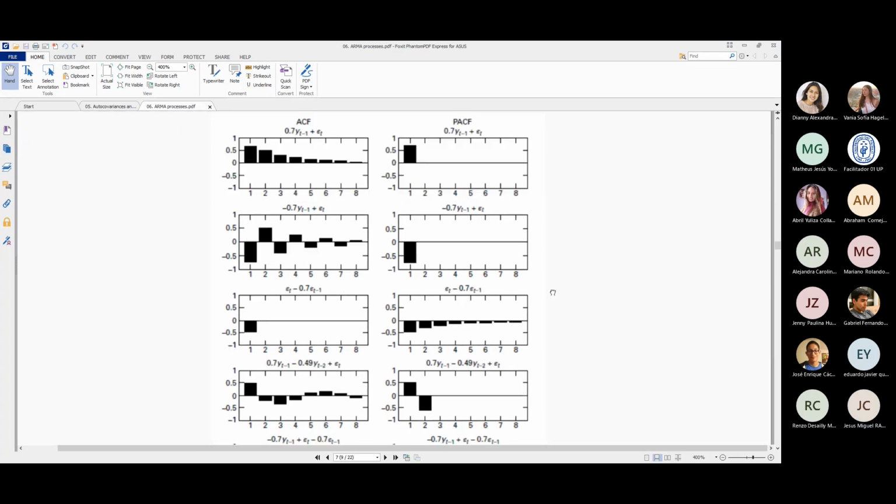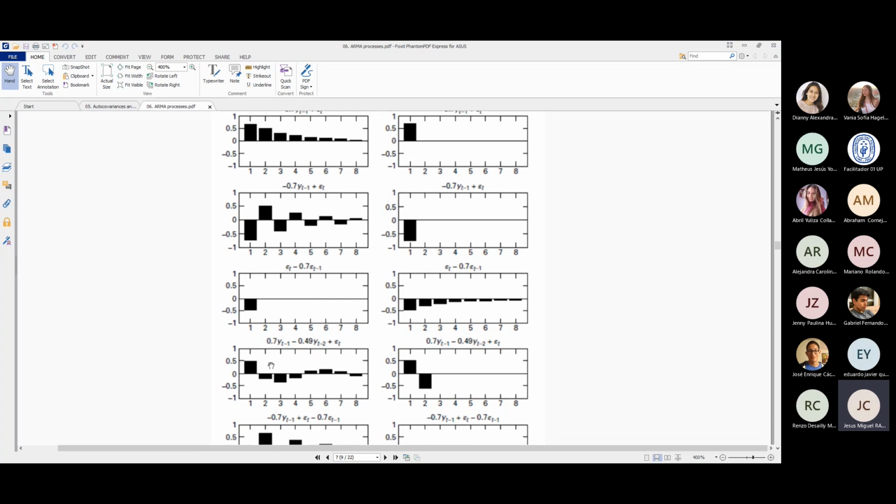And you also will see decreasing ACF and PACF in the autoregressive term and the moving average term. For example, this is an AR2. Because this is an AR2, you must see two jumps in the PACF.